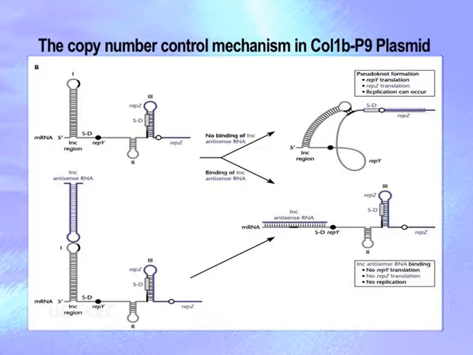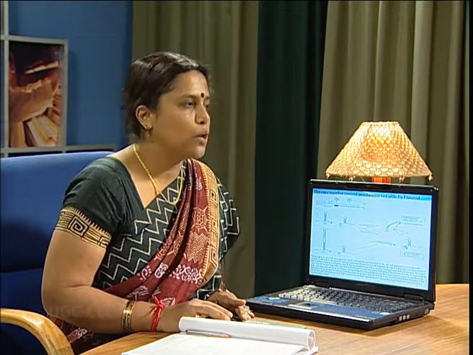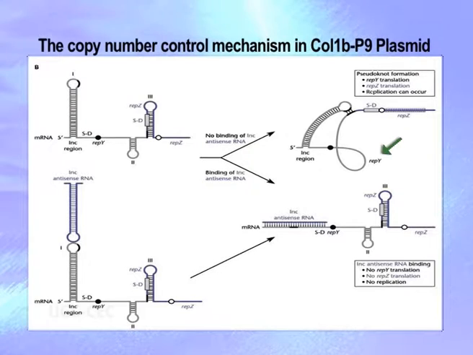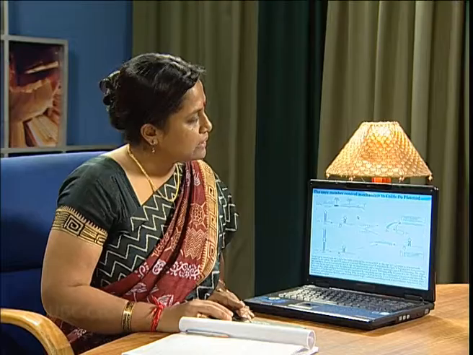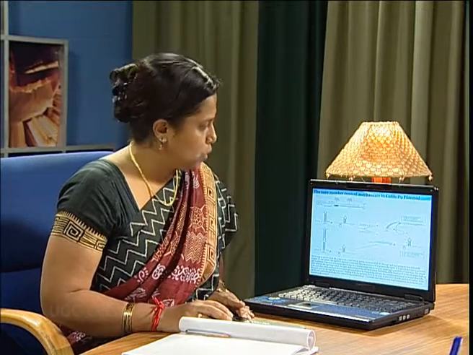And if the stem loop structures are involved in interactions with the antisense ink RNA, then their capability to form the pseudoknot to facilitate the exposure of Shine-Dalgarno sequences is lost. In this way, the antisense RNA, just by forming complementary base pairings with the leader peptide Rep-Y, restricts the translation of Rep-Z. So this is the third mechanism by which the copy number is controlled.